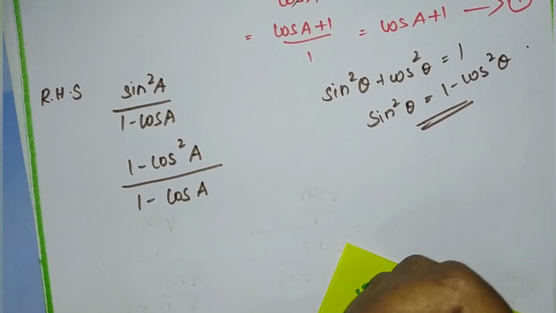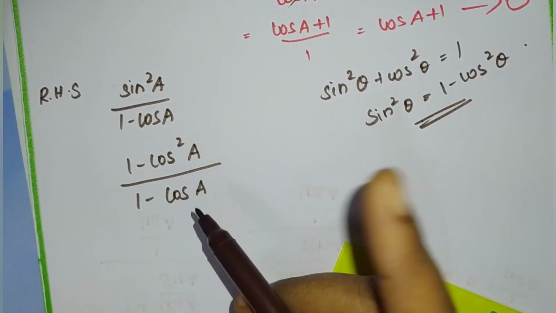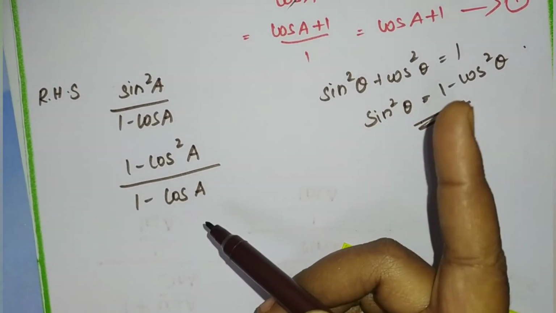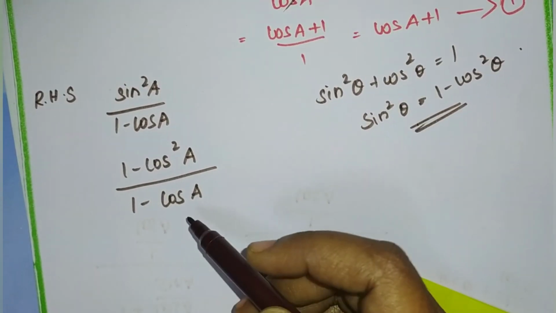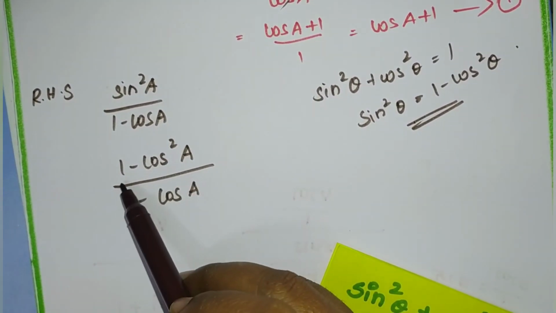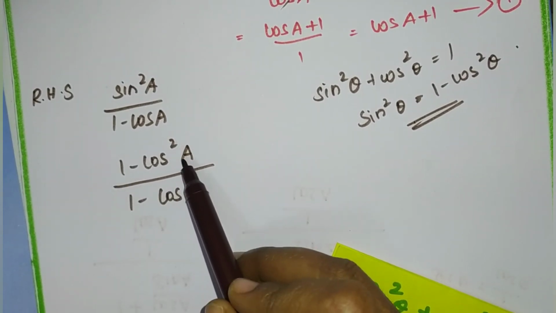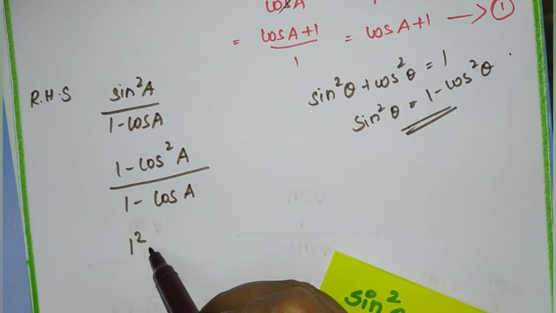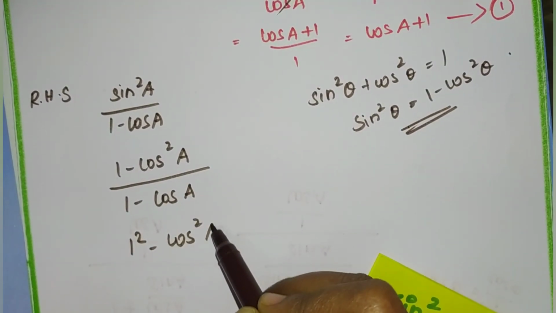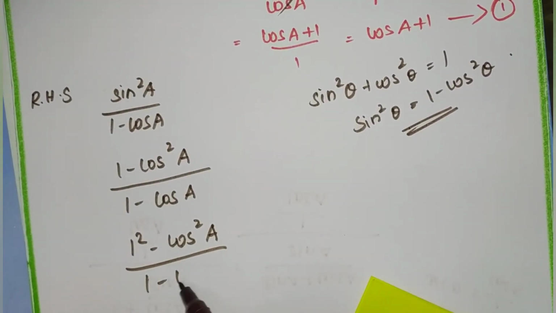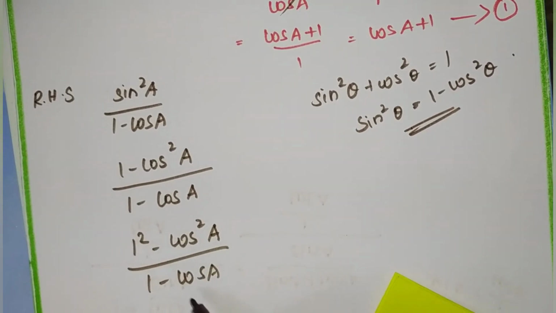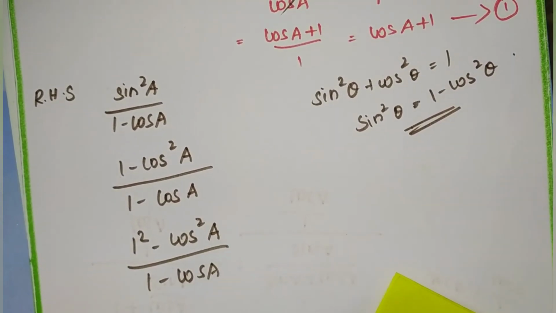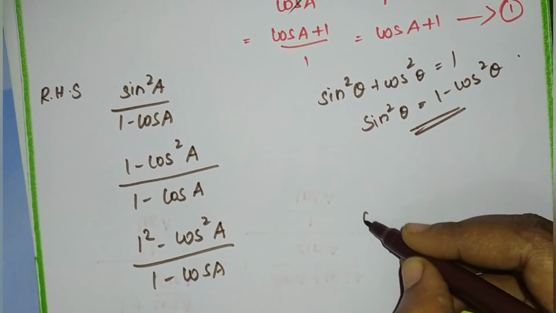But we can apply one trigonometry idea. We have to think to get the answer. Be clear in that. So 1 minus cos square A, this one we can write with squares: 1 square minus cos square A divided by 1 minus cos A. A square minus B square, we can apply that identity.